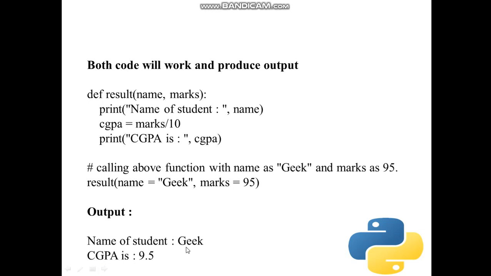Because in keyword parameters we are giving the name of the parameter also and then its value. So even if we exchange their positions, your interpreter will understand that this input is for this parameter and this input is for that parameter. So it will give you the correct output.